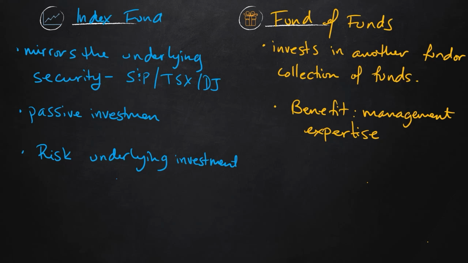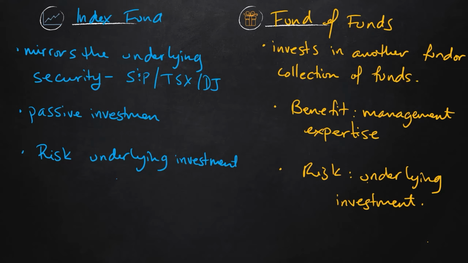There's a lot of diversity affiliated with fund of funds, because you can find pretty much anything in any collection. And it really allows you to customize the investment for your client and what their wants and needs are. Again, the risk affiliated with fund of funds is that underlying investment, and whatever risks are affiliated with those other funds that are being invested in.